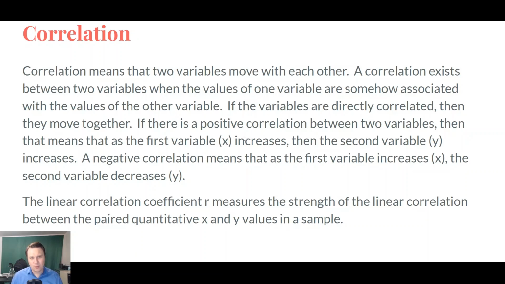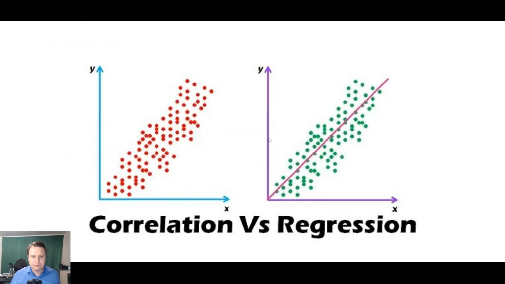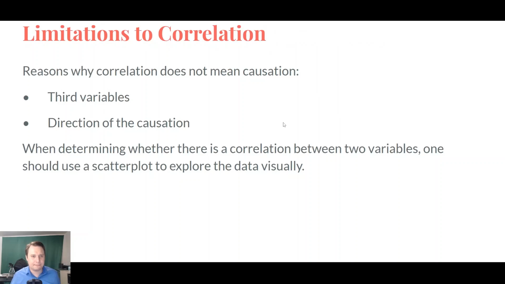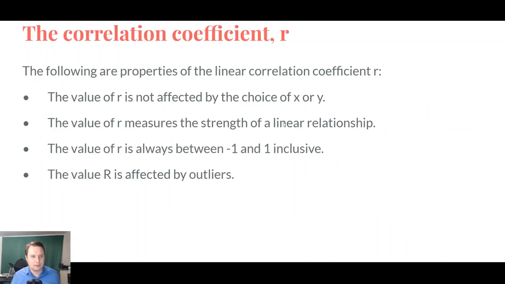And so we use the correlation coefficient R to measure the strength of the correlation. And let's take a look at that. There we go. The correlation variable R is a value between -1 and 1. A correlation of 1 is a perfect positive correlation between the two variables, meaning the two variables go together.